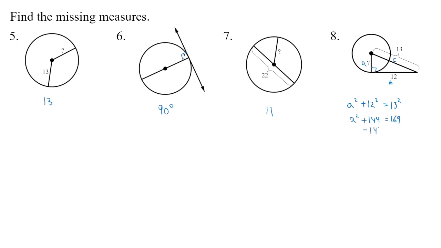Subtract 144 from both sides and you will have a squared equals 25. We take the square root of both sides and we have a equals 5. Therefore, the solution is 5.